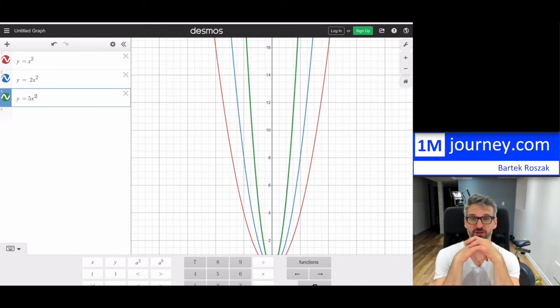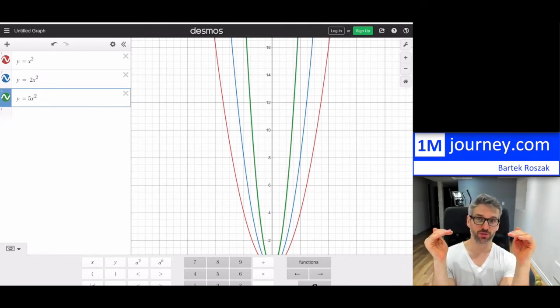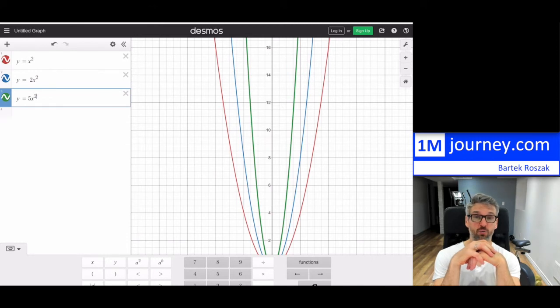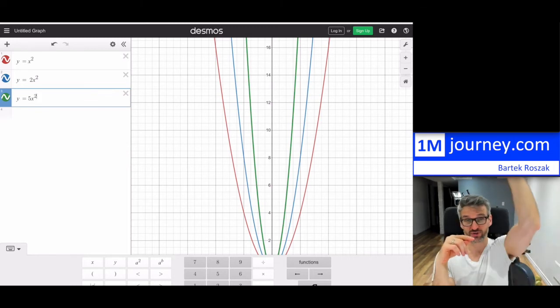So the point was 1, 1. If you put x equal to 1 in the second one, now a is equal to 2, so 2 is just going to be multiplying the 1 squared, which is now 2. So it's going to be compressing it in. And then if a is equal to 5, 1 squared is 1 times 5, which is now 5. So it really just stretches and pushes it upwards.